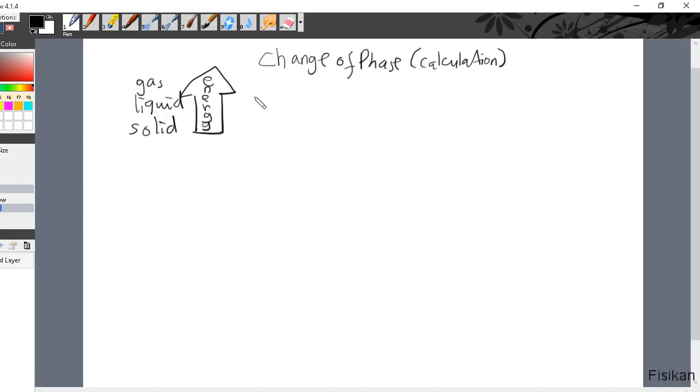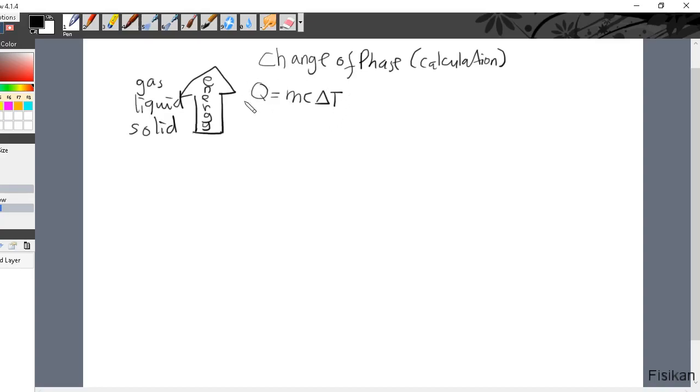Okay, and I will do a little bit of review about the formula that you already learned, which is Q equals mc delta T. This formula is used for finding the amount of heat released or received when there is a change in temperature happening to the substance. It depends on the amount of the substance itself, the specific heat capacity, and the amount of increase in temperature. So the more of the three of them, the more the amount of energy needed.